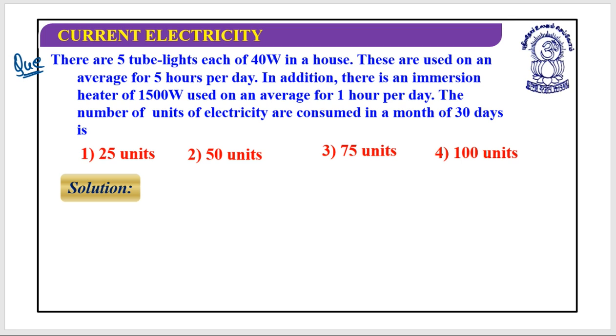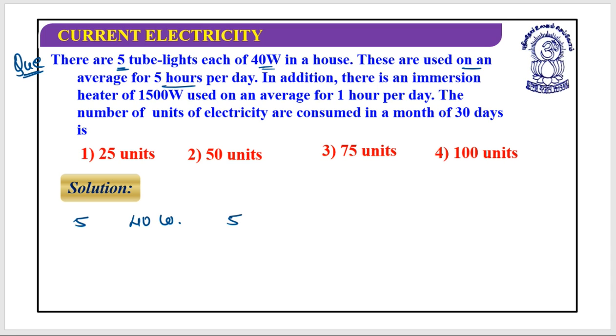There are 5 tube lights. Now do one thing, have your pen, have your paper, do it with me. We are going to calculate the bill. There are 5 tube lights, each of 40 watt, in a house. These are used on an average for 5 hours.